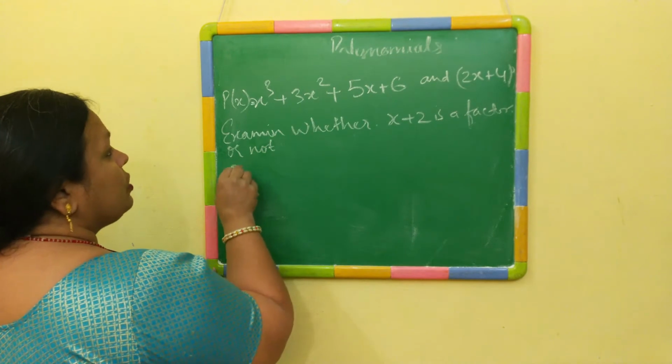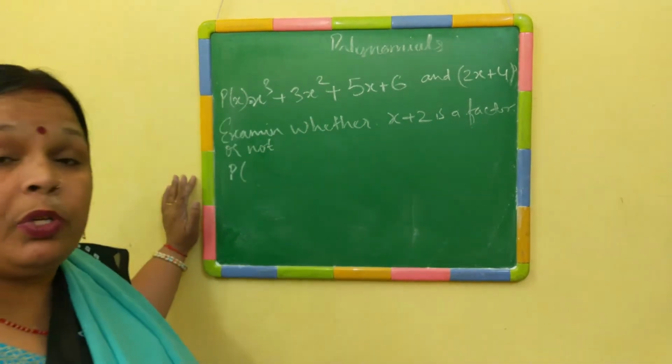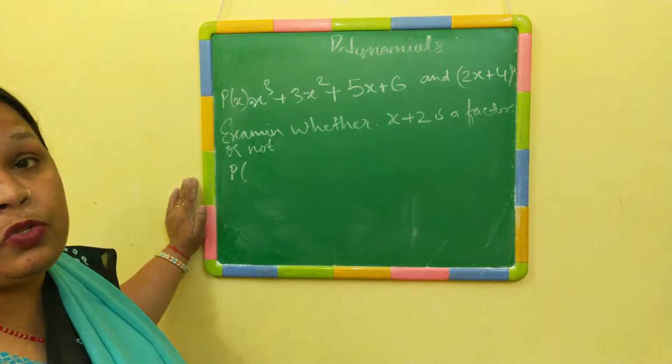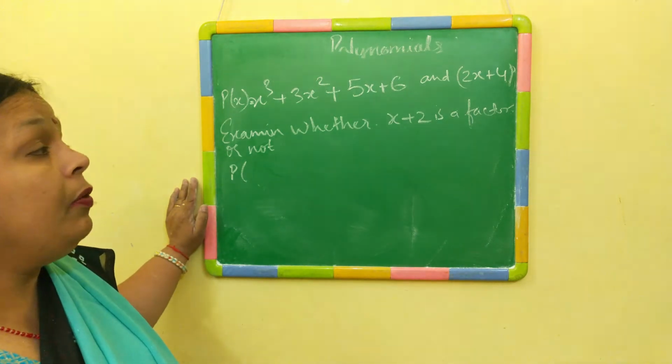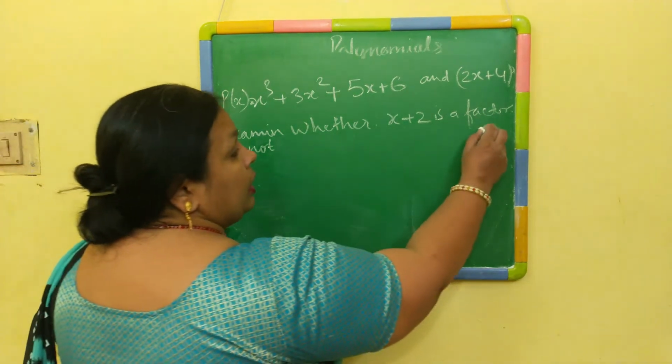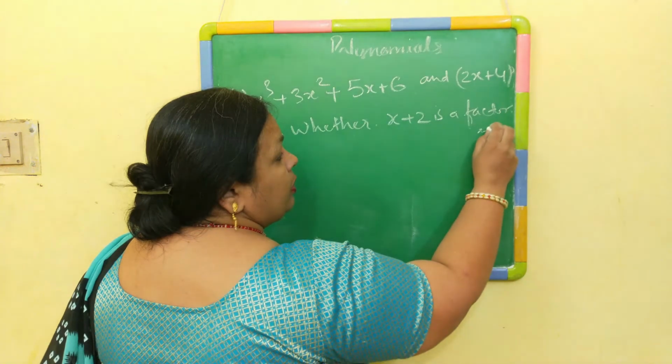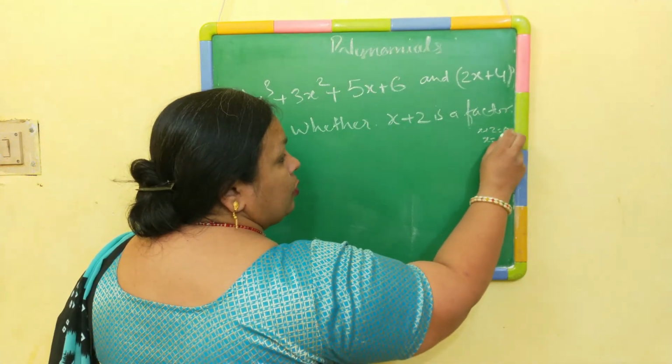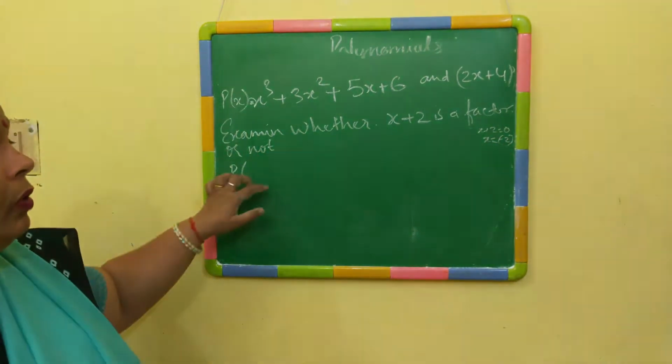For such a case, as I told you, if x plus 2 is a factor, the remainder has to be equal to 0. If x plus 2 is equal to 0, x has to be minus 2. So what value will we be substituting?